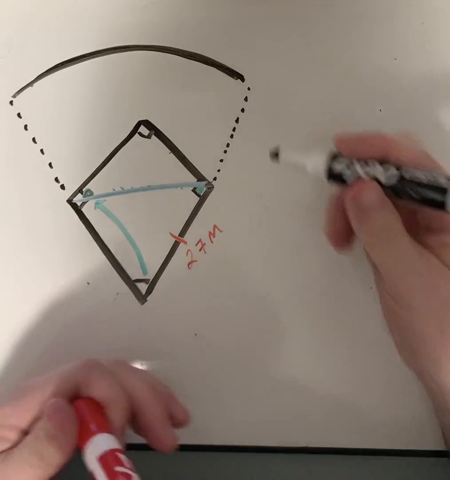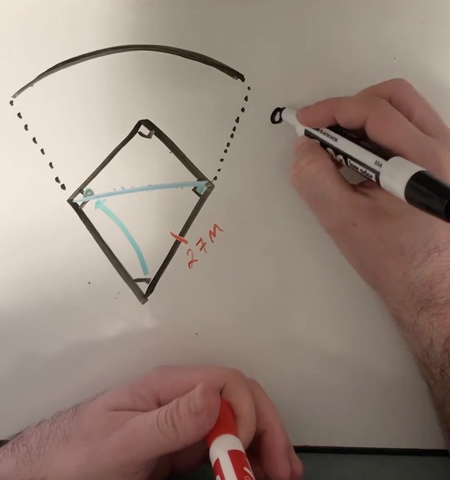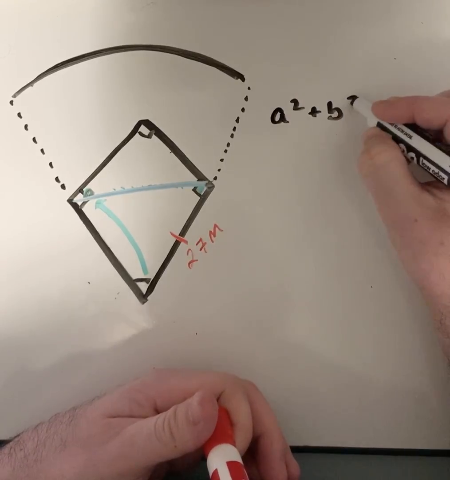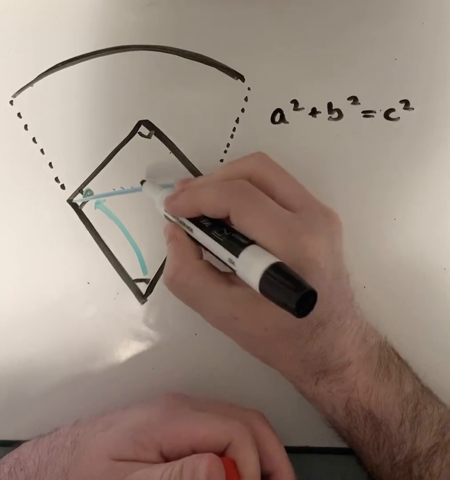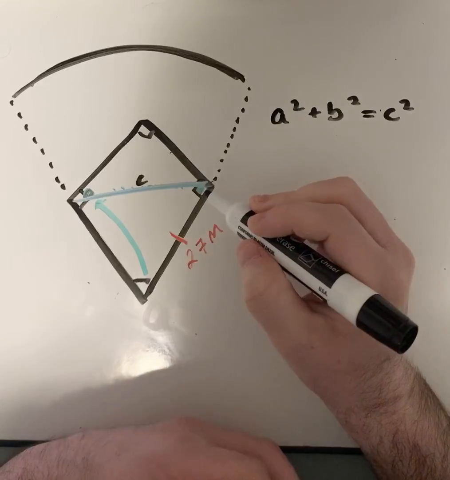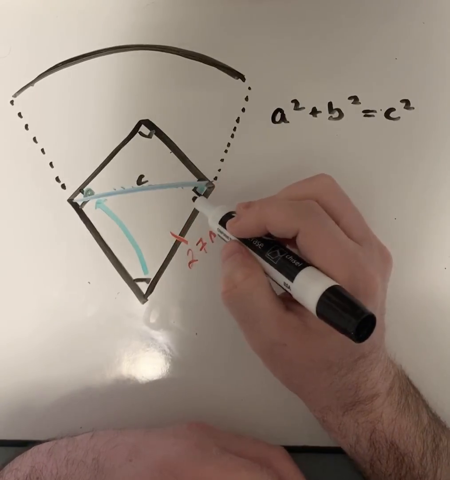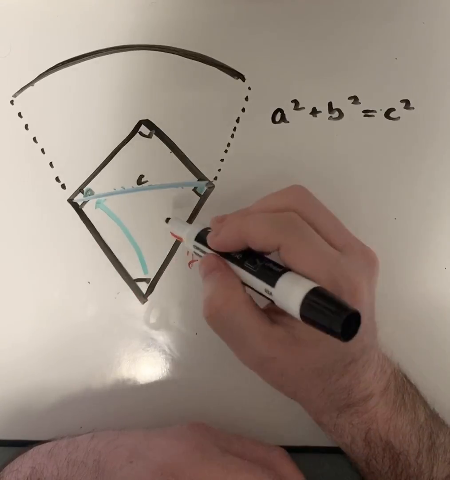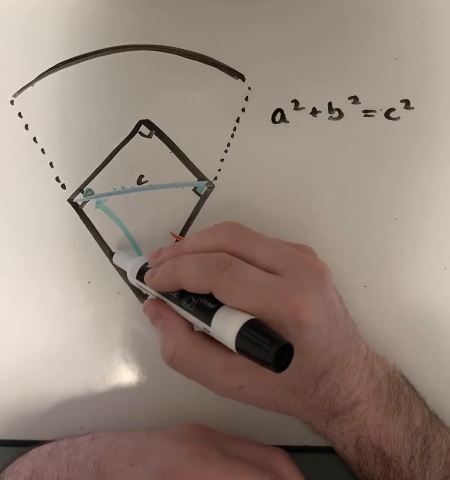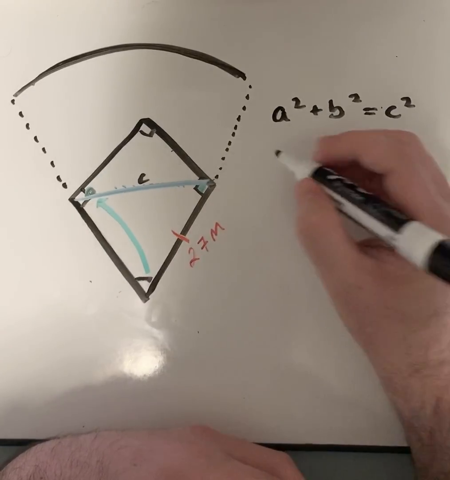The first thing we need to do, like usual, we're going to write down a squared plus b squared equals c squared. C squared is going to be this long hypotenuse that we're going to try to figure out. We know that the distances are pretty much the same on all other angles, so this is going to be 27 and this is going to be 27.